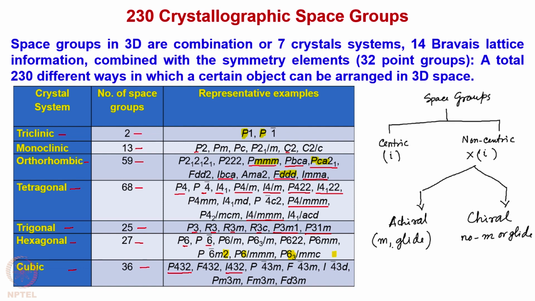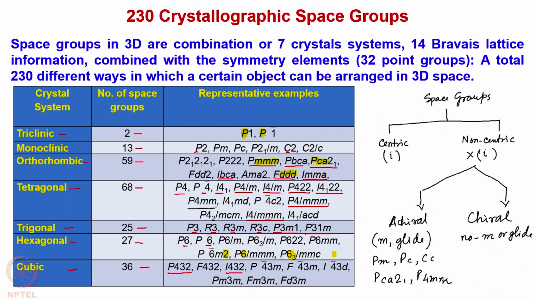So examples of non-centrosymmetric but achiral space groups are PM, PC, CC, PCA21, P4MM that are present here.